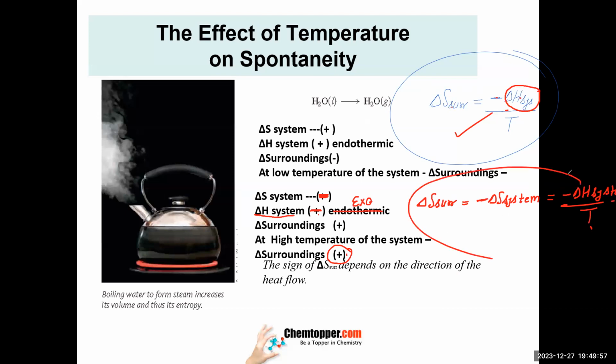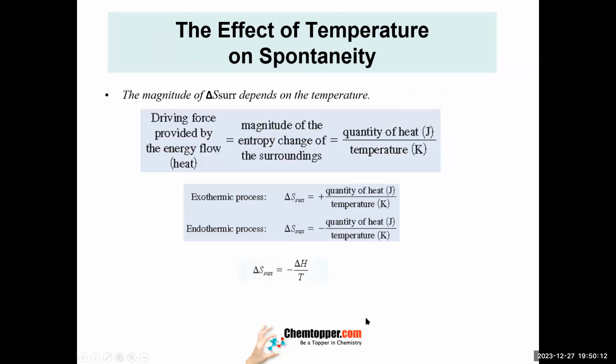This is how you can measure your delta S surroundings. Children, is it okay? System and surroundings, you're already aware from unit 6. That's the equation I'm talking about. This one. And this delta S surroundings, this one.